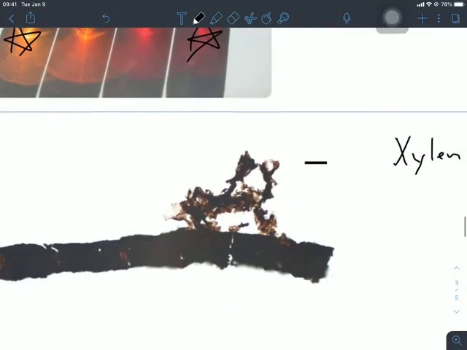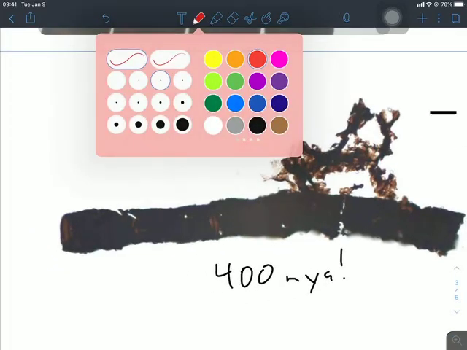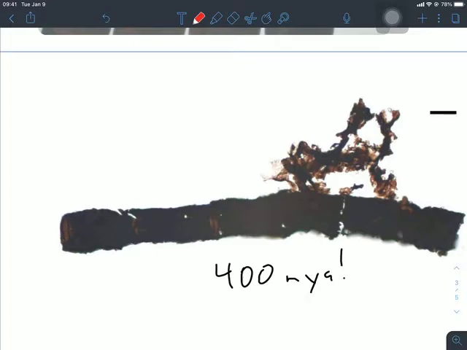Here we have a fossil of a xylem from just over 400 million years ago. And while it's fairly faint, you can tell that this is a complete xylem. First off, because it's connected, and second, because you can see those annular rings that are so characteristic of our tracheids.